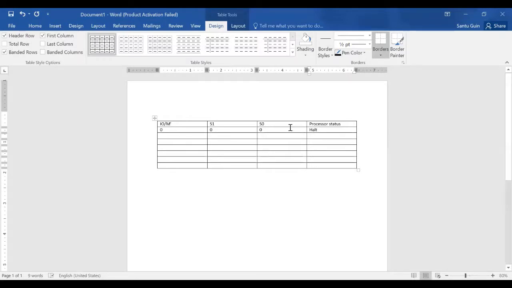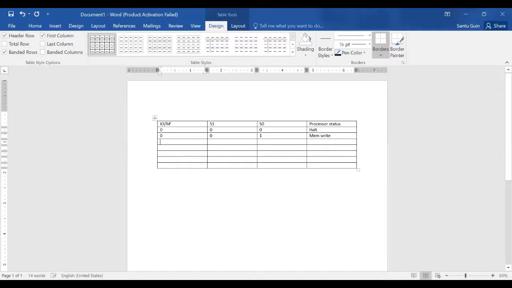The next combination: if IO/M bar is 0, S1 is 0 and S0 is 1, then the operation is called memory write. It is a memory write operation.